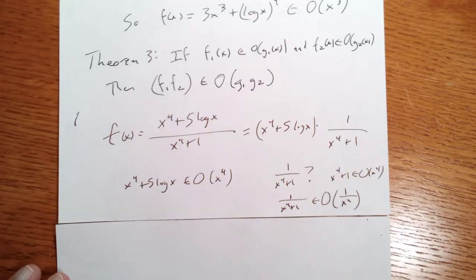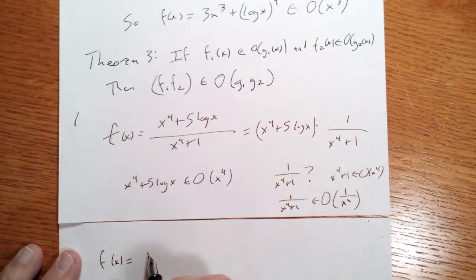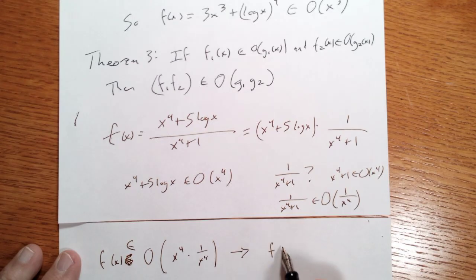So let's put those together. These are being multiplied. So that means that my function f of x is in big O of x to the fourth times 1 over x to the fourth. Sorry, is in, not equals. Remember, that's an element of a class. But that means that f is big O of 1.